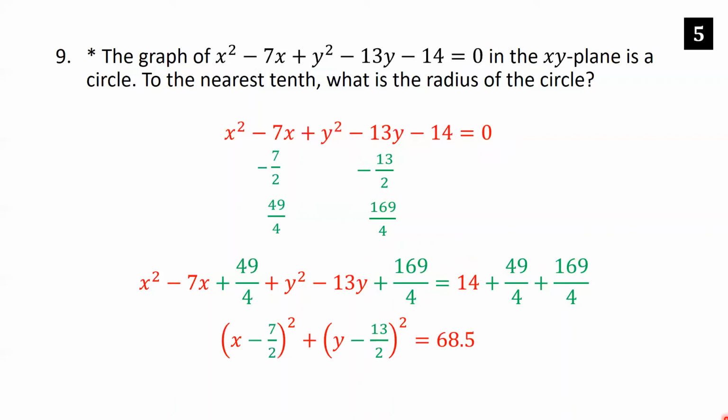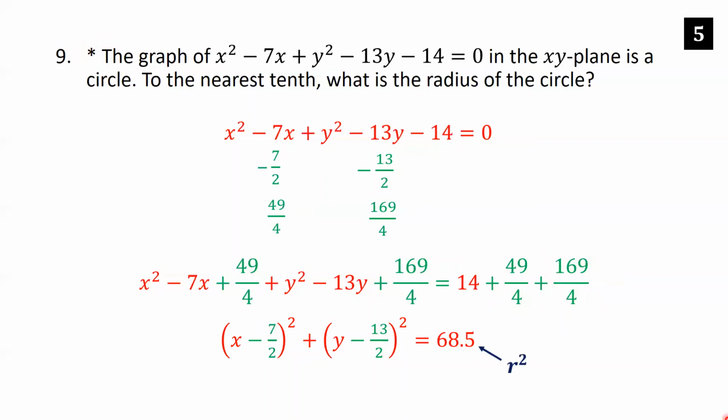Okay, so once again on the left, we have x minus 7 halves squared. This number just goes here. This is the negative 7 halves. And y minus 13 halves squared equals, and here I'm just adding all these up using my calculator. No special skills required. It's a calculator problem. We can just add them up using the calculator.